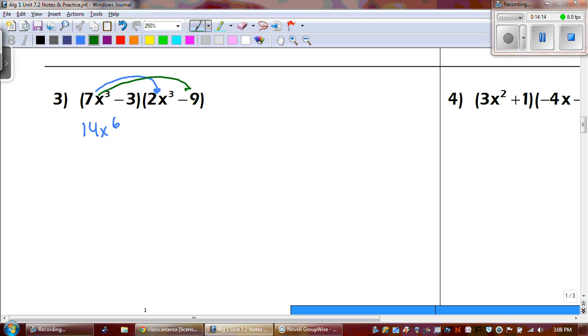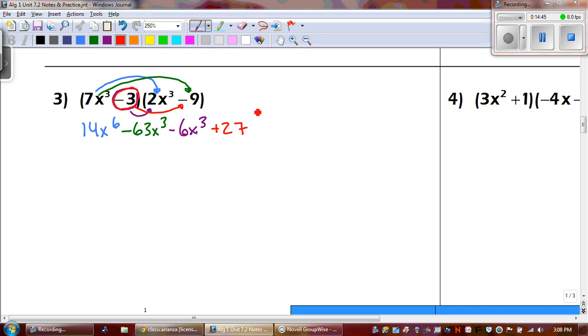I'm showing a little bit less work now. 7 times negative 9 is negative 63x cubed. Now we're going to distribute the negative 3. Negative 3 times 2x cubed gives me negative 6x cubed. And then once again, negative 3 times negative 9 gives us positive 27.